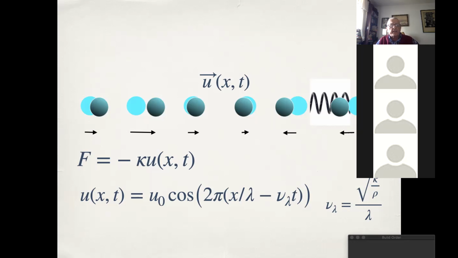So I have everything here, and the important thing is that in the first term in the bracket, and also in the second, the lambda sits in the denominator.